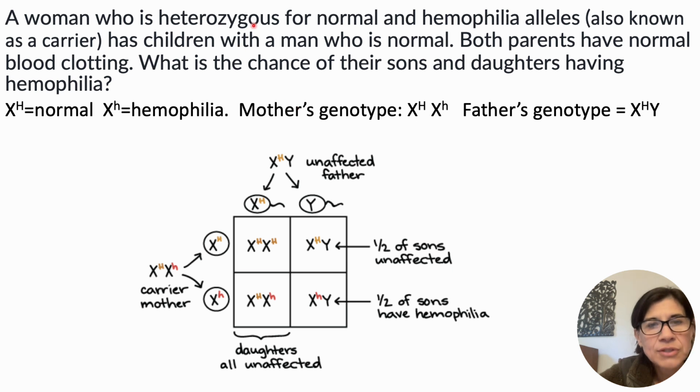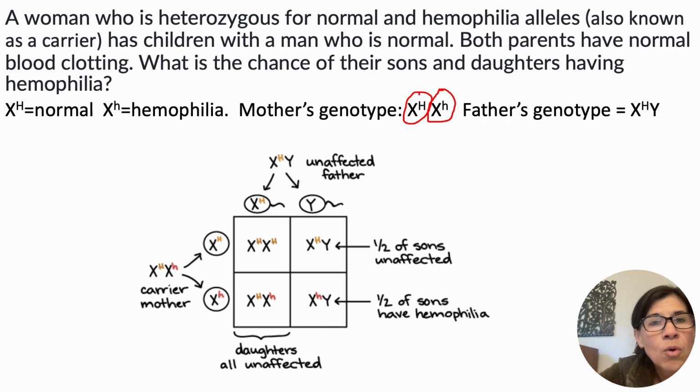She is heterozygous. Remember, hetero means two different alleles, for normal and hemophilia. So her genotype, I'm going to circle it, would be right here. This is the normal, this is the hemophilia, and she's a woman, so she has two X's. One is normal, one is hemophilia.